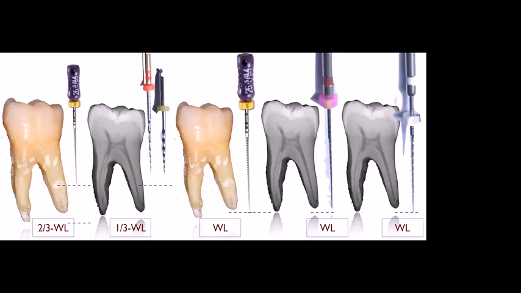After that, we do watch winding movements up to the working length. Then we start with the pecking movements, and when the file is super loose inside of the root canal, we start with the path files, the S3 Safe path files, the 13 and the 16.